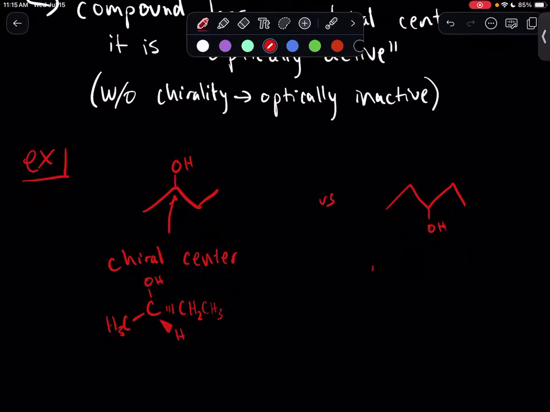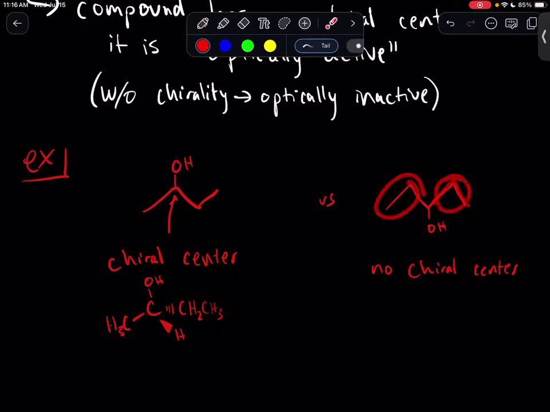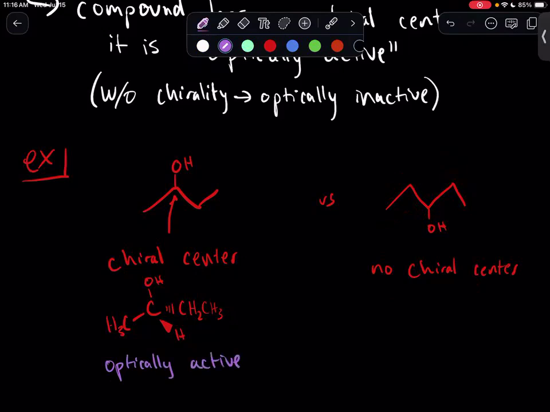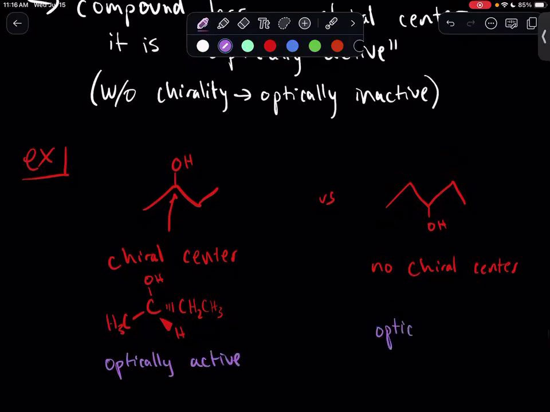Meanwhile, this one has no chiral center. Every carbon is bonded to at least two things that are the same. This carbon has 3 hydrogens. This carbon has 2 hydrogens. This carbon has 2 CH2CH3s on either end, and so it is the same and then mirrored on the other side. So there is no chiral center, meaning that the one on the left would be optically active, and the one on the right is optically inactive.